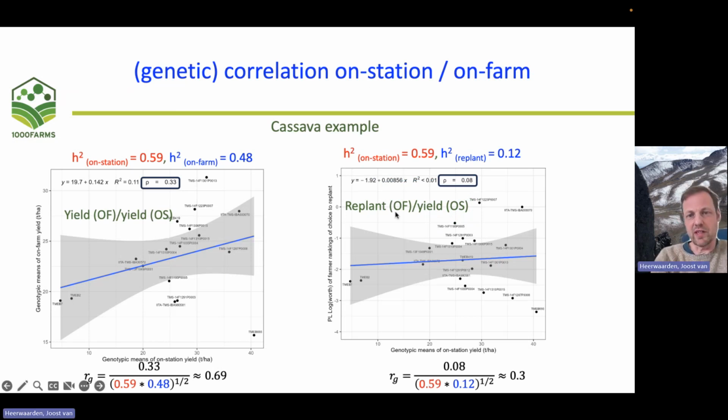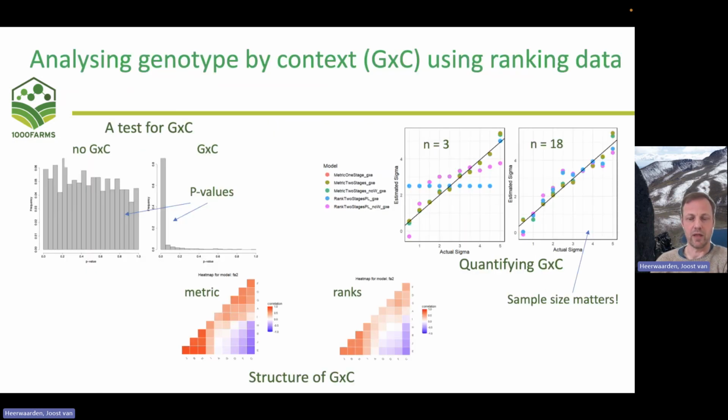The usefulness of this is shown here, where we can not only calculate the genetic correlation between yields on farm and on station, which are actually very high, but can also show that these correlations are much lower when we relate this on-station yield that might be selected on to the on-farm replanting intention. And we find a much lower genetic correlation, which is relevant to know for breeders.